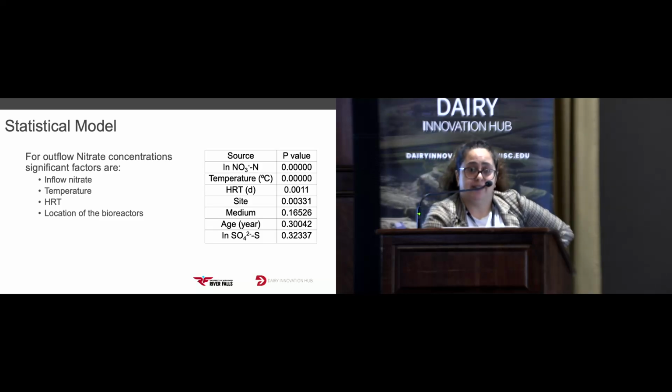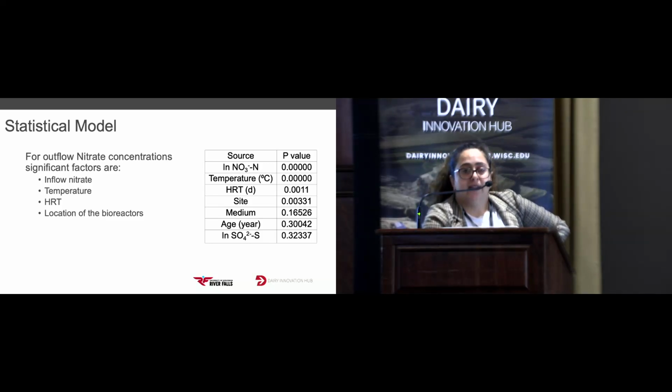Site was important, so where the bioreactor was located had an impact. Medium, either wood chips or wood chips with biochar, was not as important, or not significant, let's put it that way. Age of the reactor was not important.